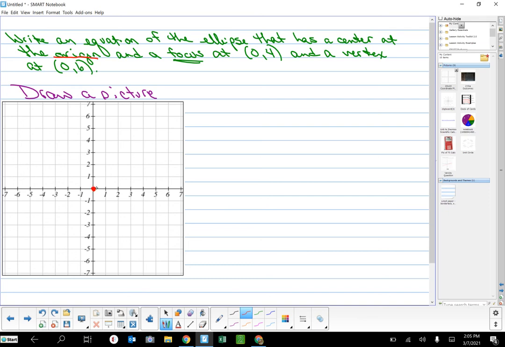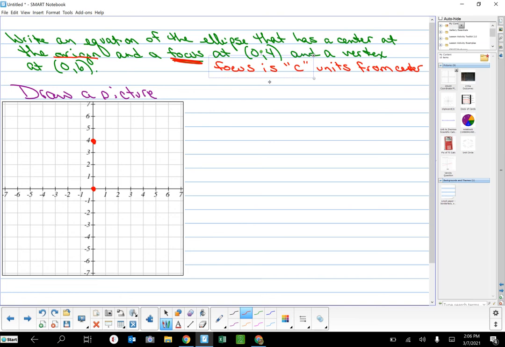A focus is at 0, 4. And remember, I mentioned the focus is c units from the center. Okay, we mentioned that earlier. So if that's at 0, 4, that means that's there.